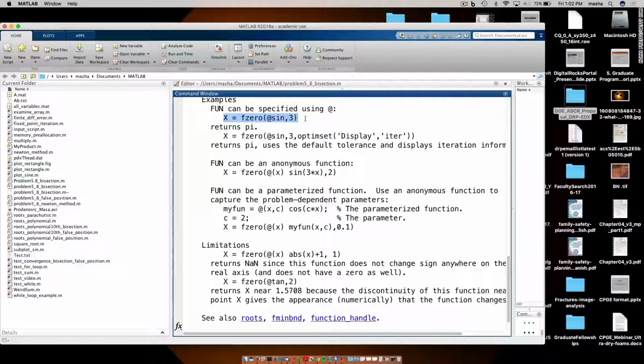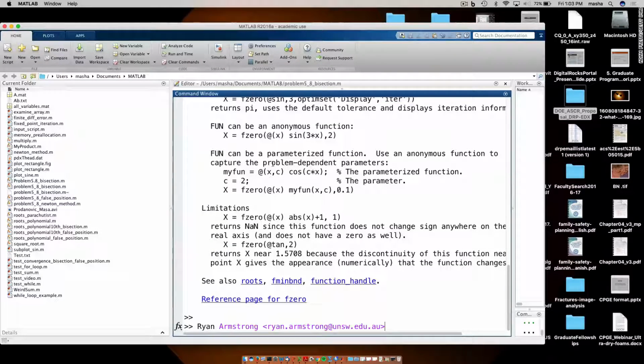That MATLAB file exists somewhere in MATLAB storage, but MATLAB knows how to find it. So I'm just going to do fzero of at sine and 3.